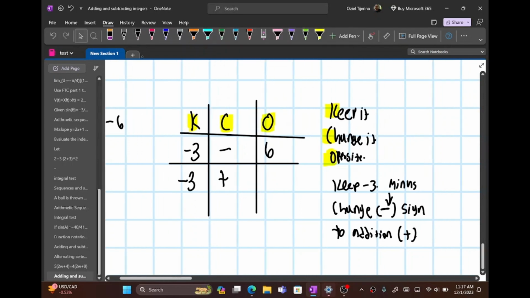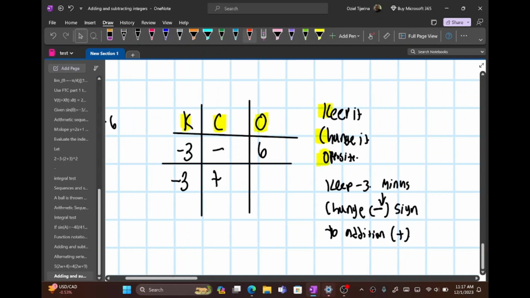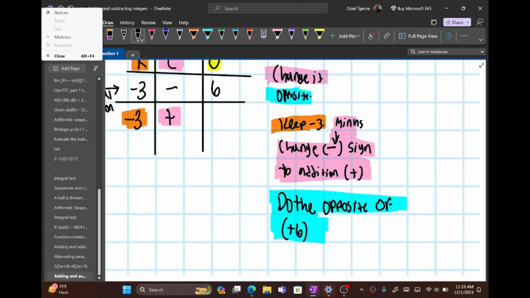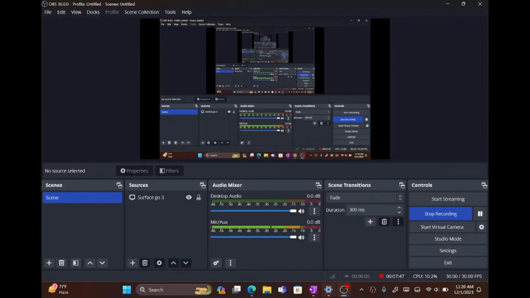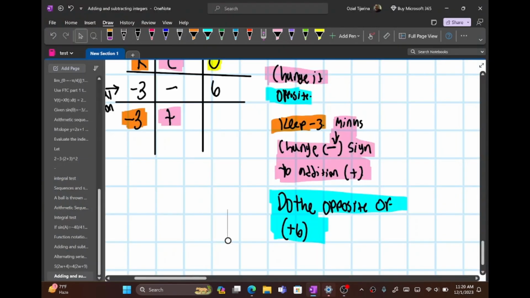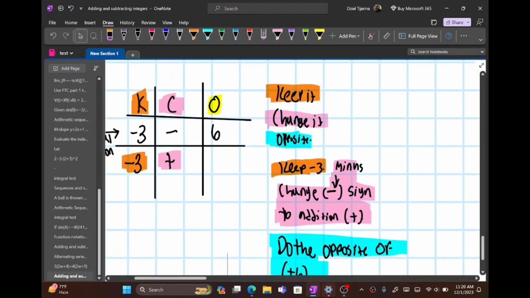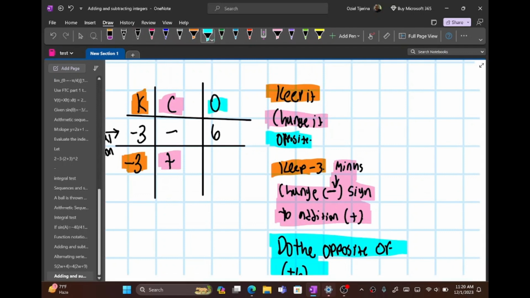Okay, guys, hopefully this is a little more clear. So we do plus, and we change the 6 to a negative 6. I'm just color coding here. So we're going to do plus negative 6.